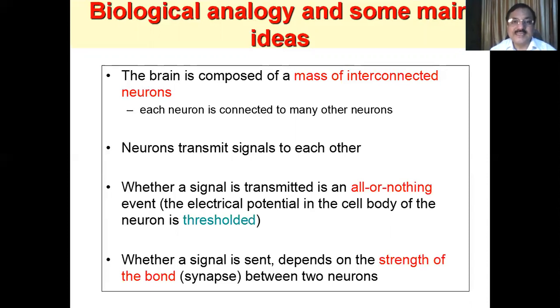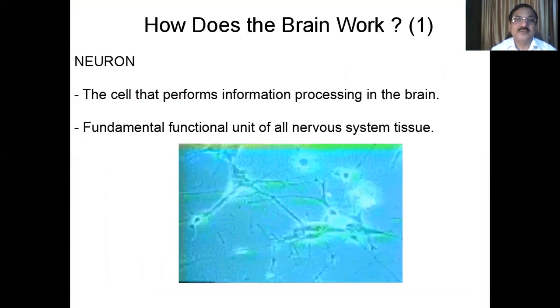Whether a signal is sent depends on the strength of the synapses between two neurons. So these neurons, the cells, form the information processing in the brain, the fundamental functional unit of all nervous system tissue.